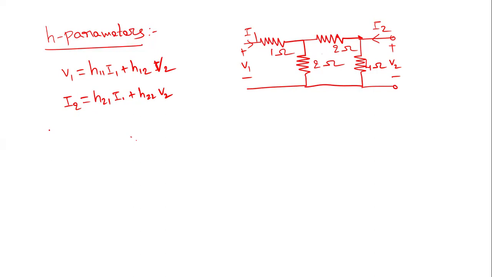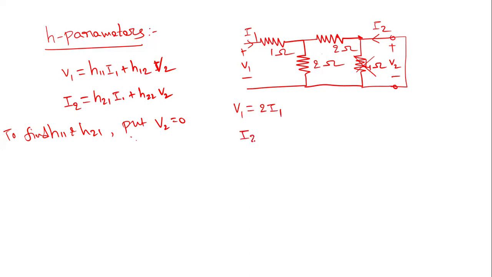To find H11 and H21, we need to make V2 as 0. So if V2 is 0, you have the 4 ohms in parallel with a short circuit path. We have seen the relation between these two: V1 is 2I1 and I2 is minus I1 by 2.